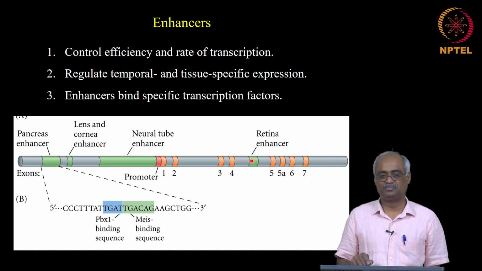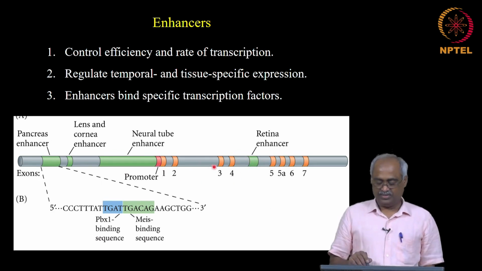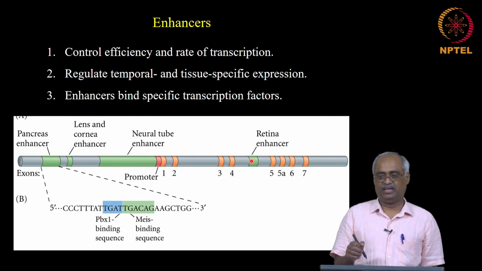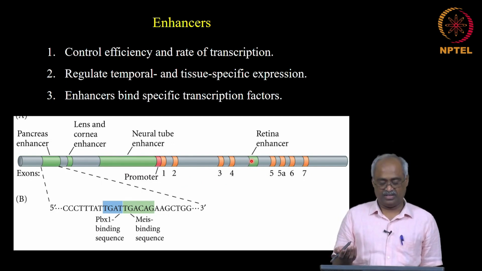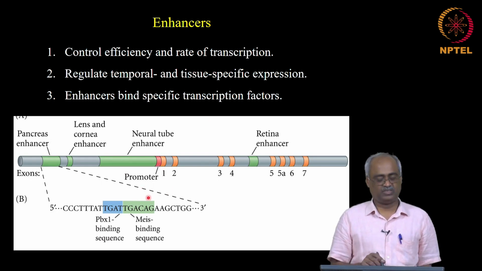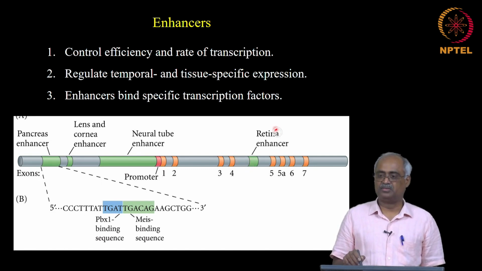So these enhancers, as I told you, control efficiency and rate, and sometimes very strict temporal and spatial regulation. And here we see such spatial regulation information. For example, this enhancer between exon 4 and 5 confers expression of this gene, that is PAX6, in retina.